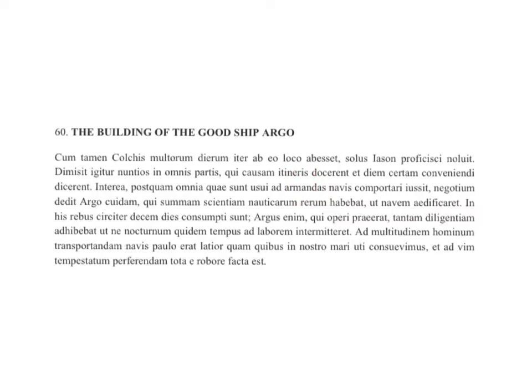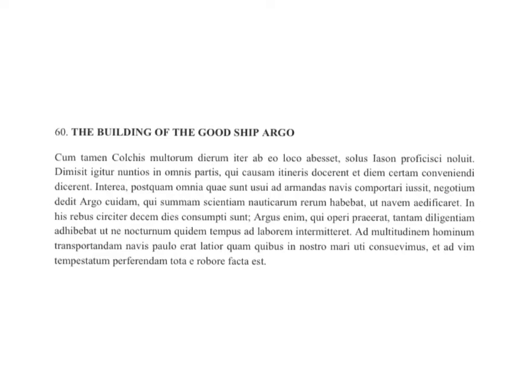So after he ordered all of the things which are of use for ships to be armed, he dedit, he gave the job, he gave the duty here to a quidam, the pronoun there, to a certain, lots of people forget that, to a certain Argus, qui, who, habebat, had the summam scientiam, who had the utmost knowledge of nauticarum rerum, of naval science, of naval affairs, genitive, ut, to build the ship. So he gave the job to Argus, ut, to build the ship.